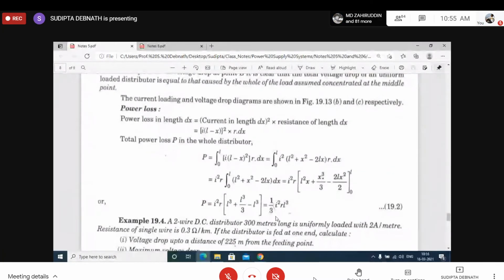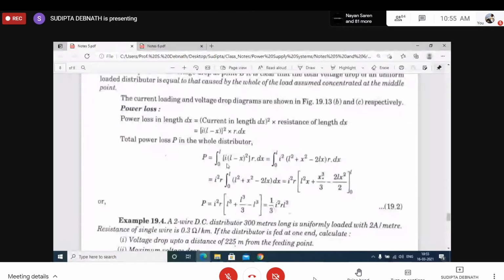This one is okay, I think, but here also they have made one mistake. Can you tell me what the mistake is? This I will be squared, isn't it? See, so many printing mistakes. Please note down, it is I square R. This total thing is I, but they have not put I square here.